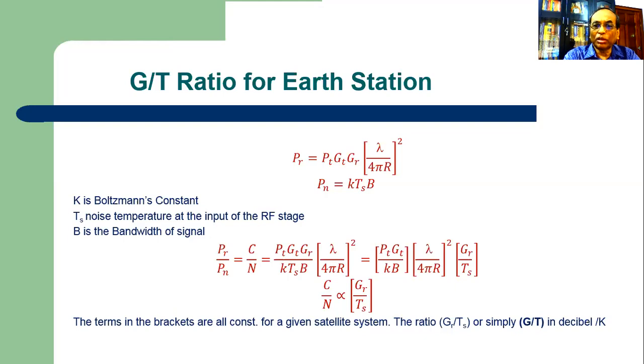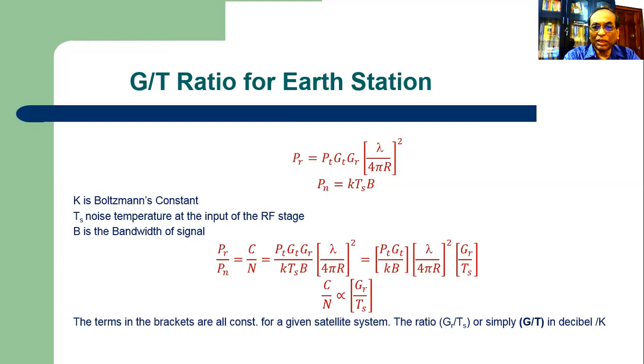Then the path loss factor, we have isolated, lambda divided by 4 pi r whole square. Then the left out figure is GR by TS. TS is the noise temperature and GR is the receiving antenna gain. So signal to noise ratio is proportional to GR by TS.